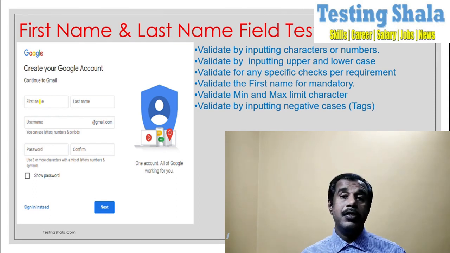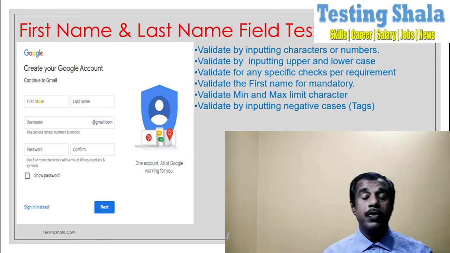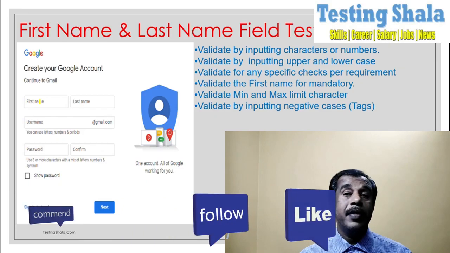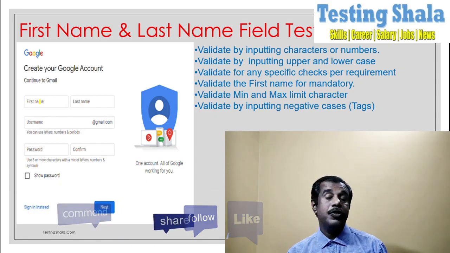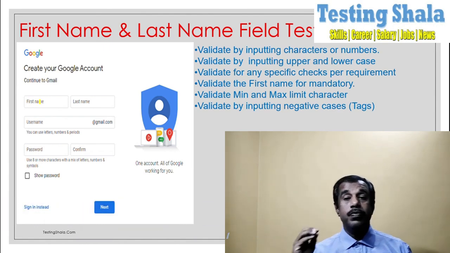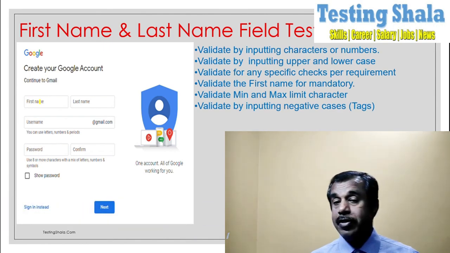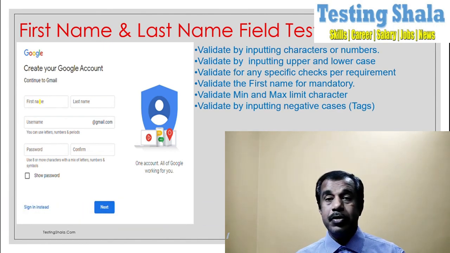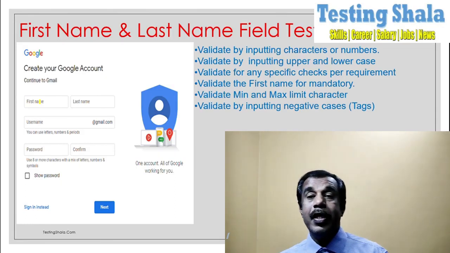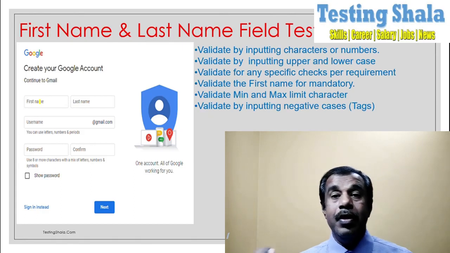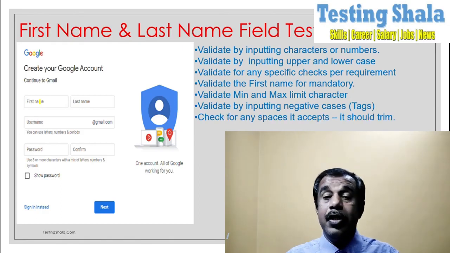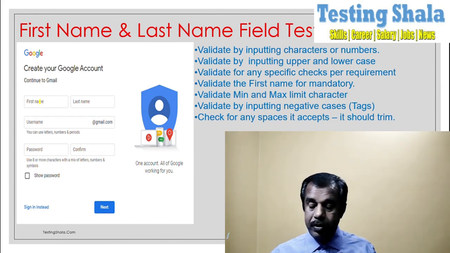I've seen many places where, if we start giving JavaScript, we can easily hack the system and get information from the databases. I've seen that kind of situation as well. Because of that, it is better to provide HTML tags and JavaScript into this text field to see if there is any possibility that we can retrieve certain data from the database. We don't know, so we should validate those aspects as well.